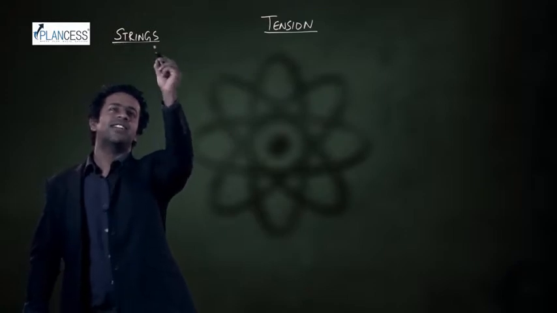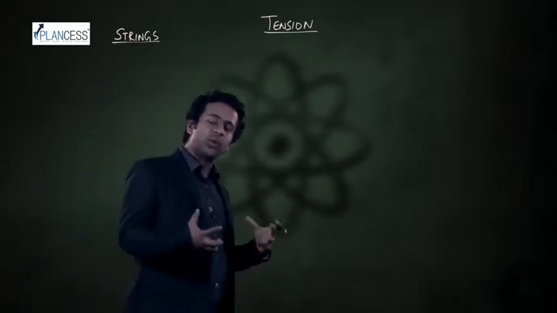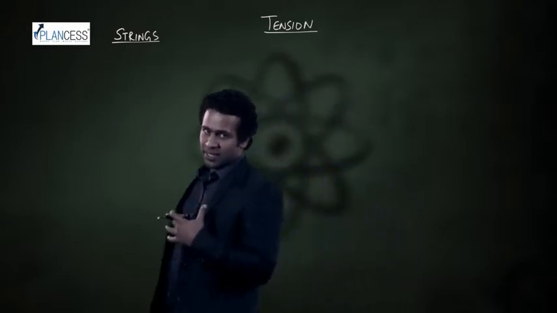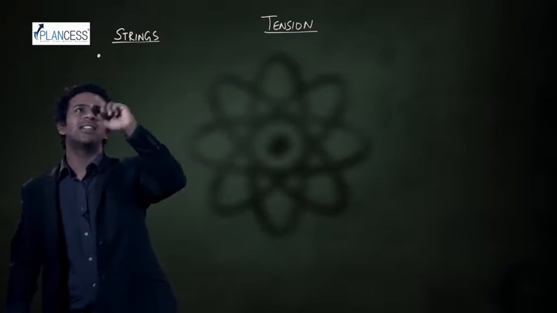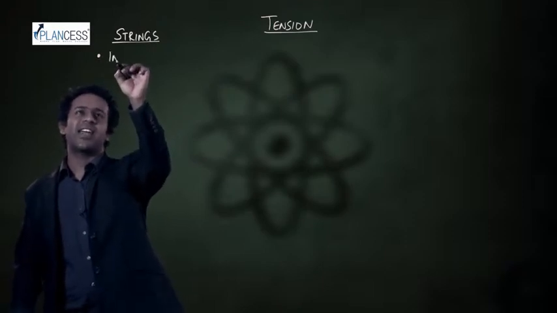Now, in physics, whenever you see two things connected through a string or a thread, we work under certain assumptions unless specified otherwise. So we are always working under two assumptions, the first of which is that strings are inextensible.